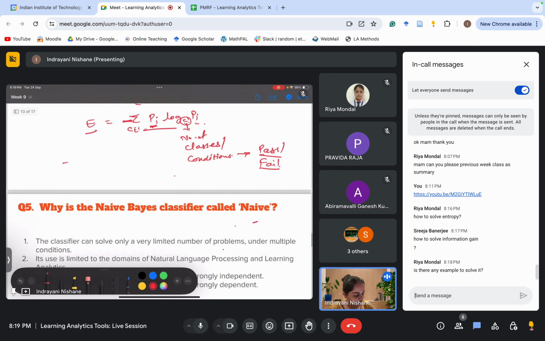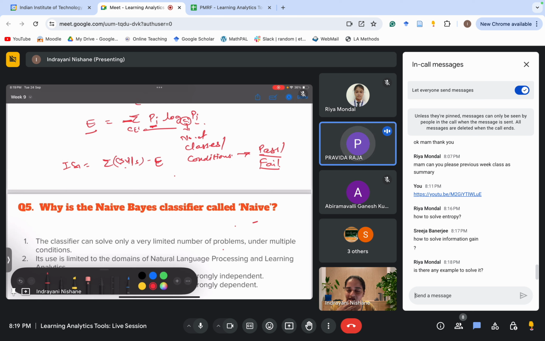And the information gain formula is, I think, again some summation of SV upon S, and then minus entropy, something like that. I'm not sure about the formula. Somebody please confirm this formula.